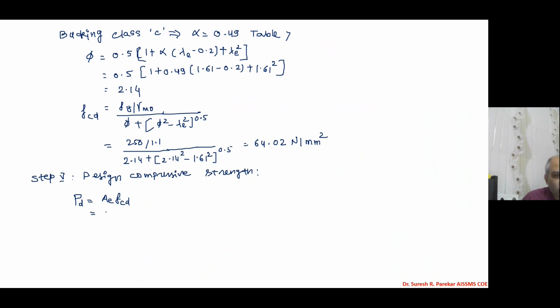AE we have 1540 into 64.02. Just see, we will use single angle section, compressive stress reduces a lot. So we have 98.59 into 10 raised to 3 Newton. So 98.59 kilonewton. So this is value of PD.